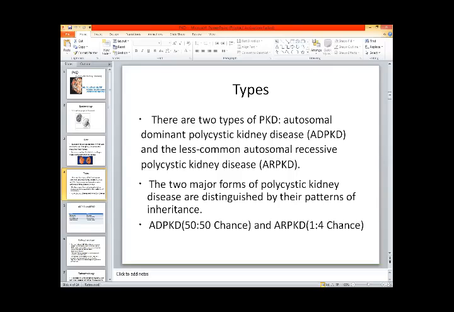In autosomal recessive disorders, there is a 1 in 4 chance that they suffer from the disorder.